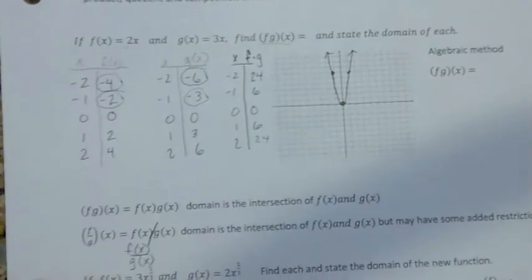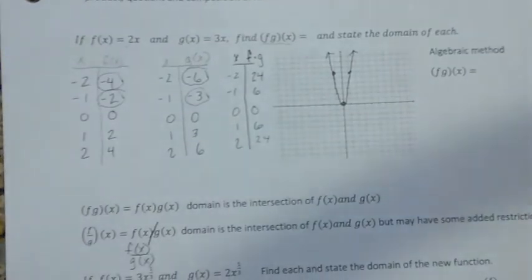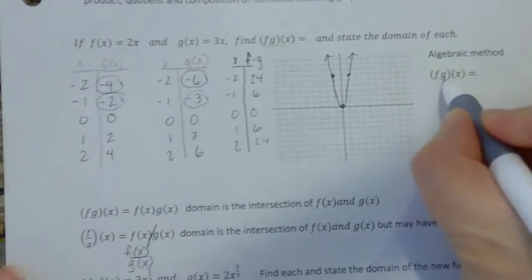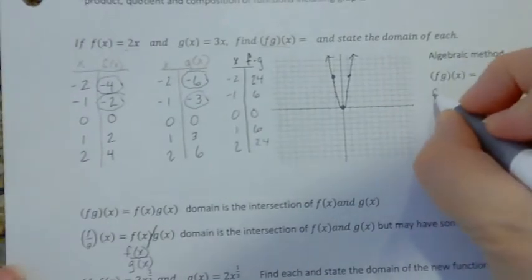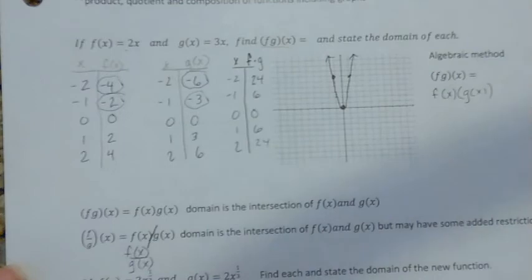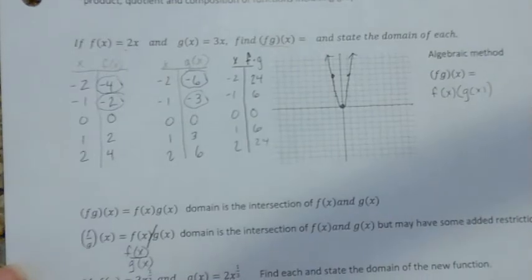Now, we don't always want a graph, so I want to show you using the algebraic method. When you see f and g next to each other, this means you're going to take f times g. So I have the f function times the g function.